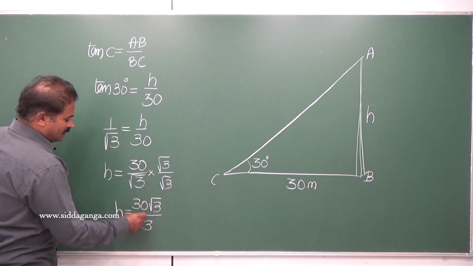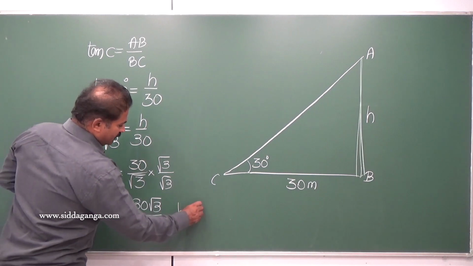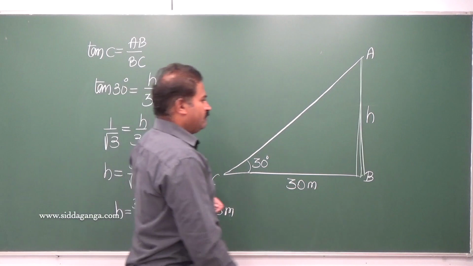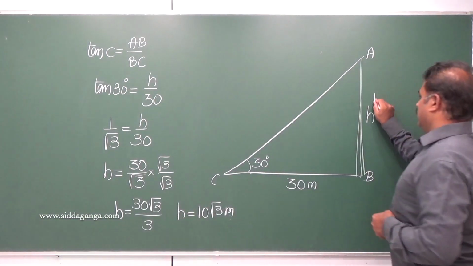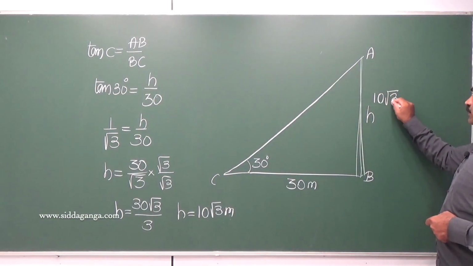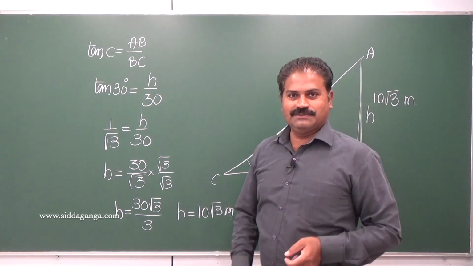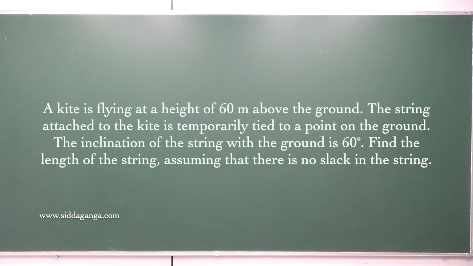So 3 tens are 30. So the height will be 10 root 3 meters. Therefore the height of the tower is 10 root 3 meters. Very easy.